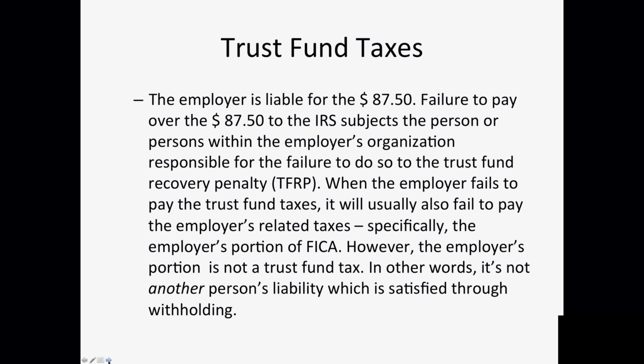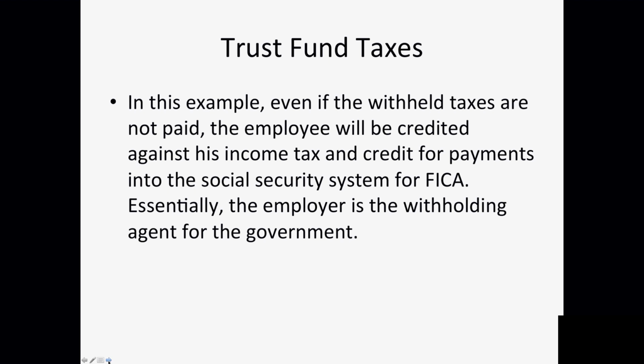And so there's two portions of FICA that have to be paid: the employer's related FICA and the employee's related FICA. However, the employer's portion is not a trust fund tax. In other words, it's not another person's liability which is satisfied through withholding. In the example we just discussed, even if the withheld taxes are not paid, the employee will be credited against his income tax and credit repayments into the Social Security system. Essentially, the employer is the withholding agent for the government.